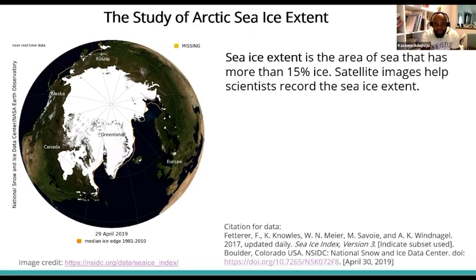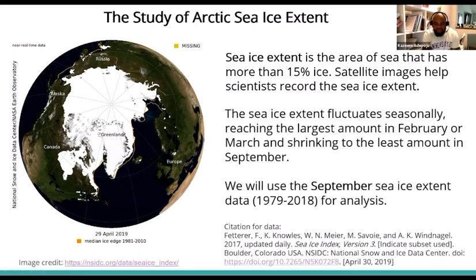The focus here is that we want to see the sea ice extent. We want to see that it fluctuates over time, even seasonally.